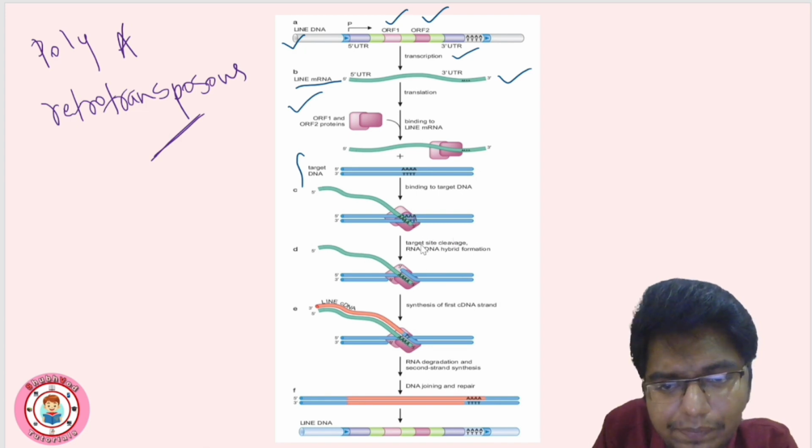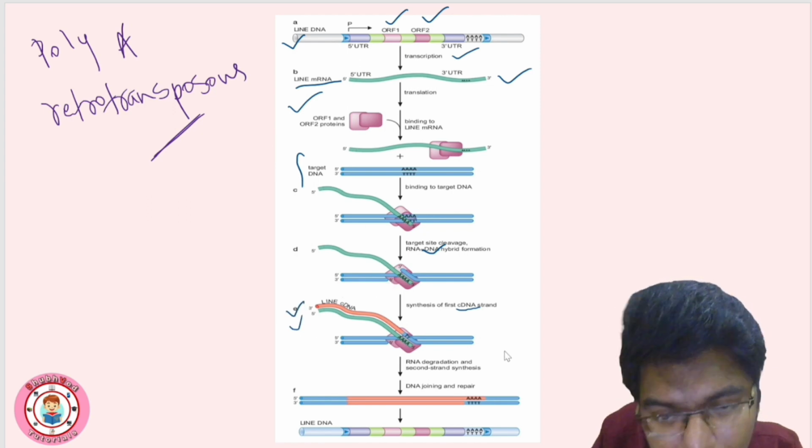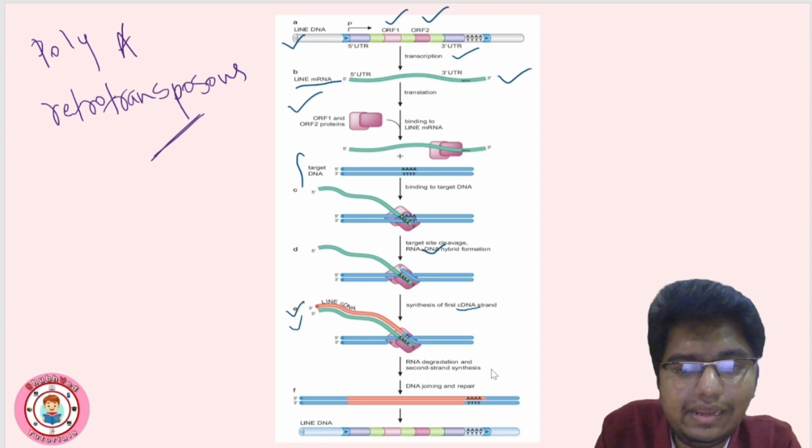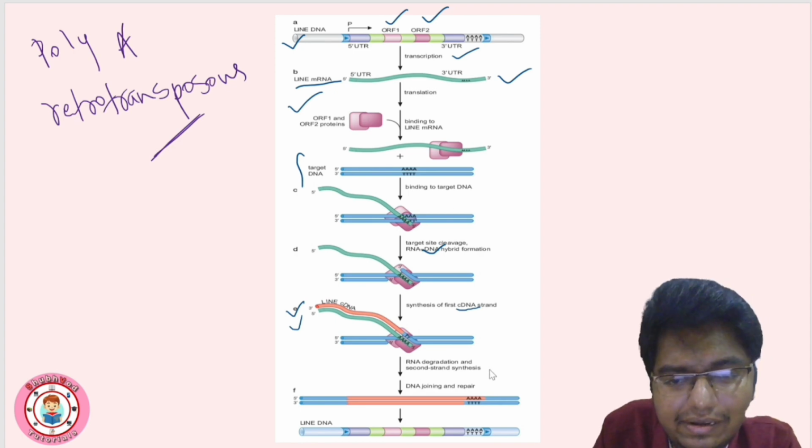Then what happened? Target site cleavage. RNA DNA hybrid formation. Right? Cleavage will take place and the synthesis of cDNA strand. See, this is similar to the retroviruses or retrotransposon. Okay, LINE cDNA is being synthesized. Then what happens? RNA degradation and second strand transfer.